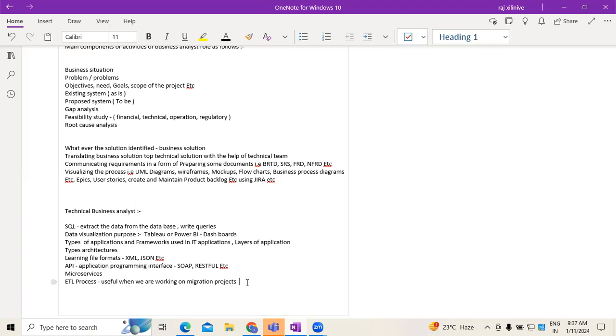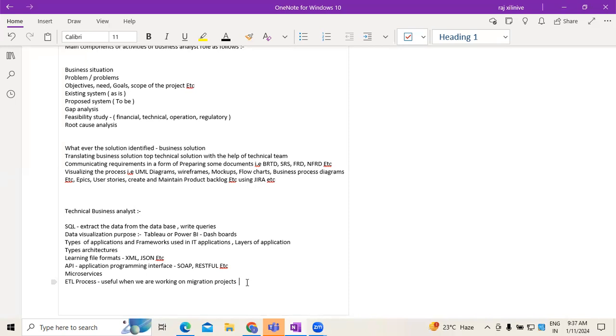Now we also have domain business analysts like healthcare, investment banking, payments, and e-commerce, but there are still some profiles like technical business analyst and business systems analyst. So this sort of understanding is required.